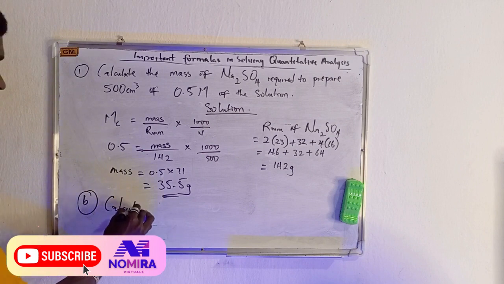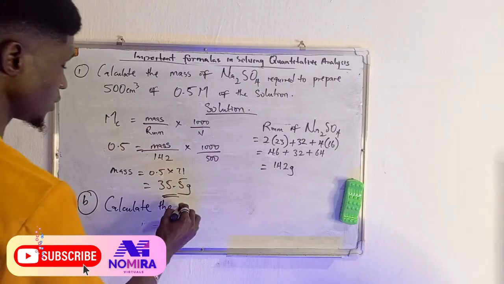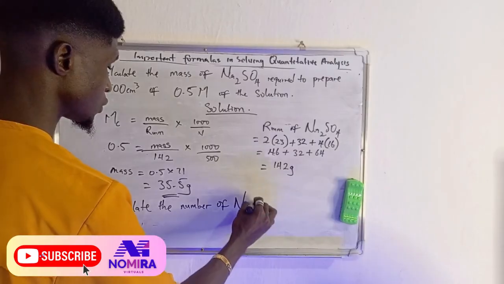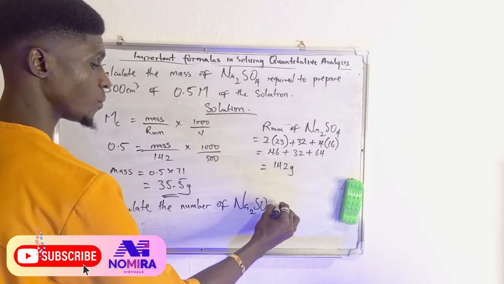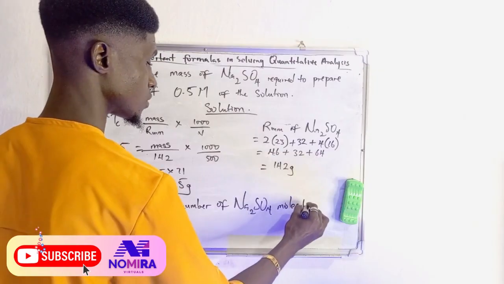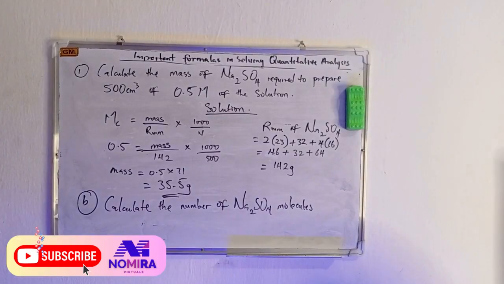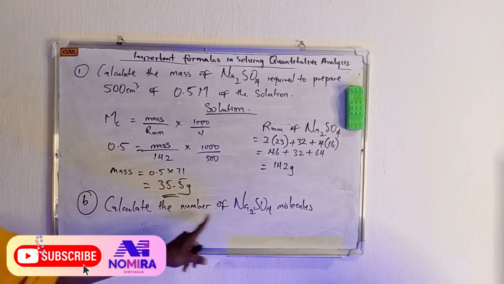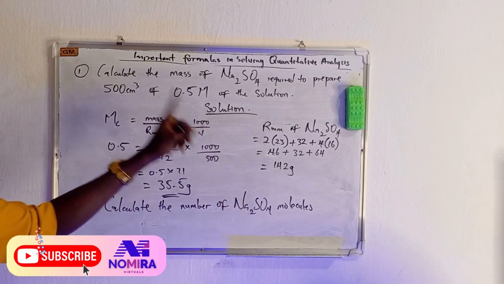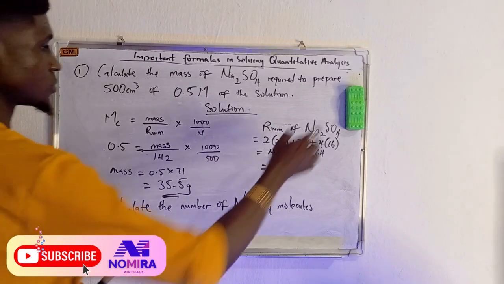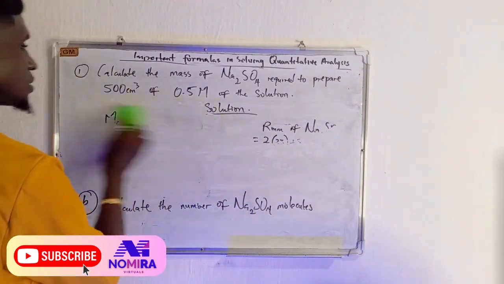So with this, the second part of the question can come as B. Calculate the number of sodium sulfate molecules. So to find this, since the question is about particle, we have to use particle equals mole times Avogadro's constant, right?